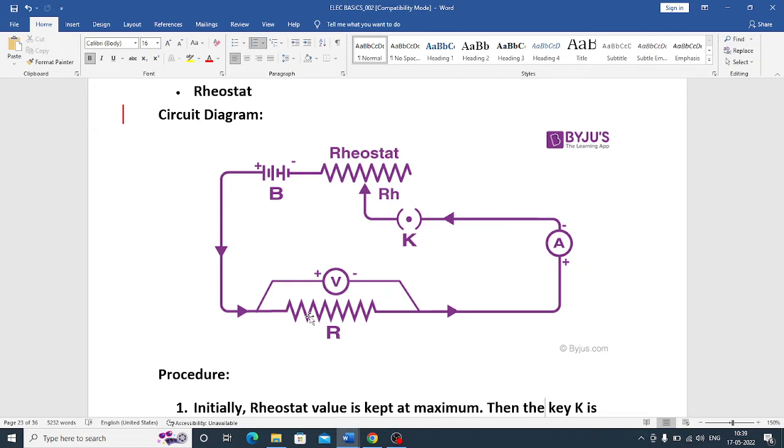Now, first you keep the rheostat at highest value, then switch on the circuit. Some current will flow in the circuit according to the value of the rheostat and this R and battery voltage.